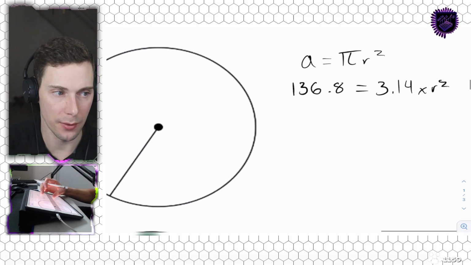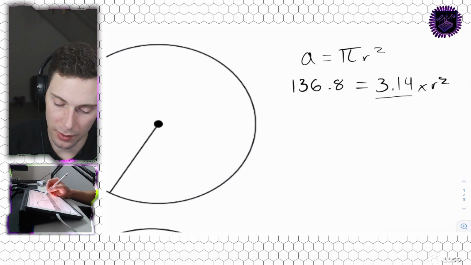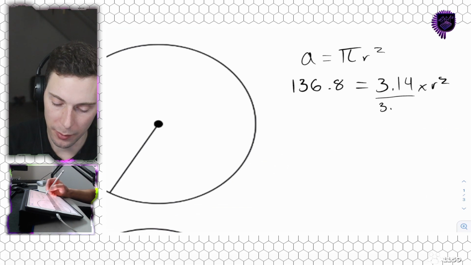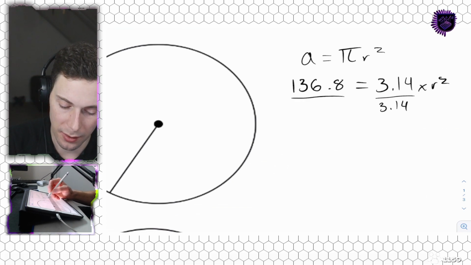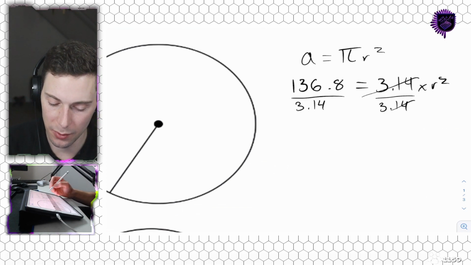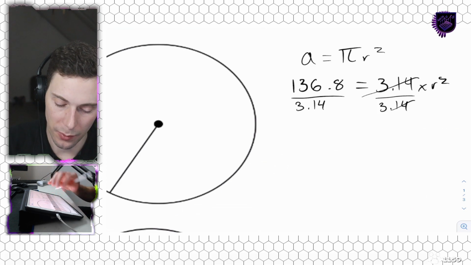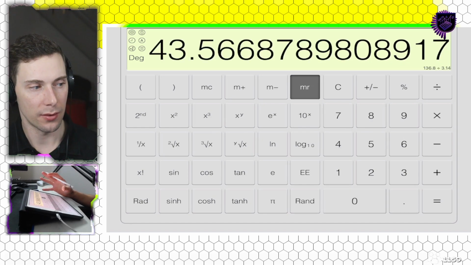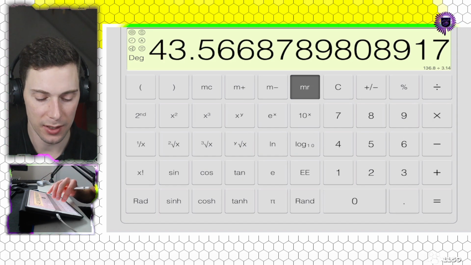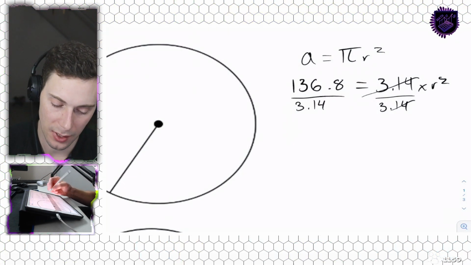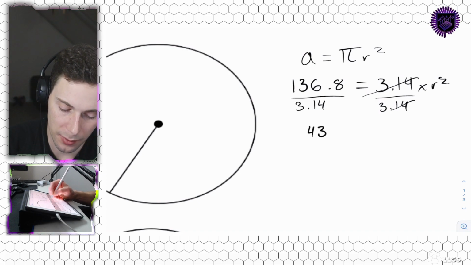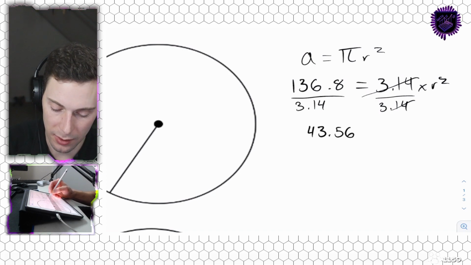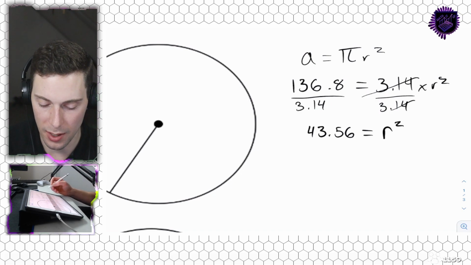Okay, so now let's isolate our variable. Divide both sides by 3.14, inverse operation in the same value, which brings us to 136.8 divided by 3.14, which is 43.566. So 43.56 is equal to the square of our radius.